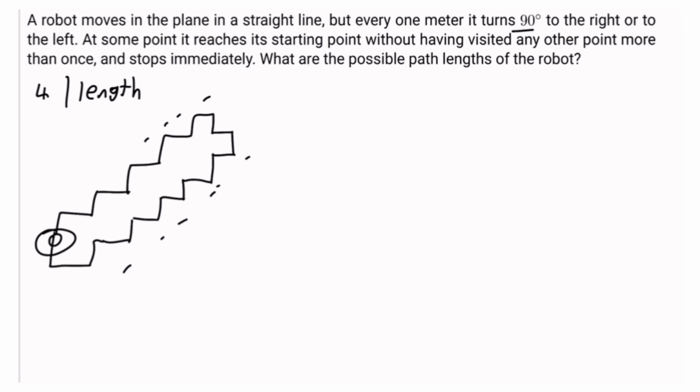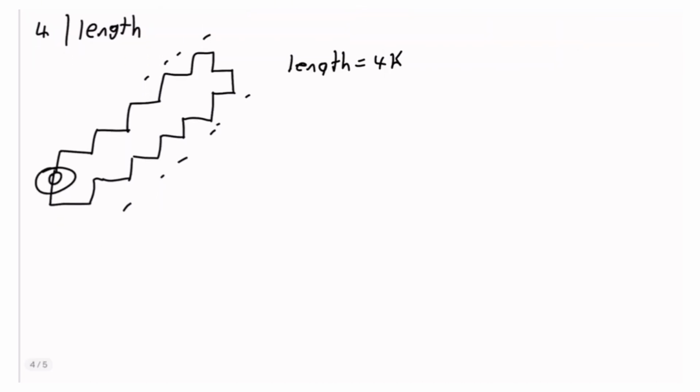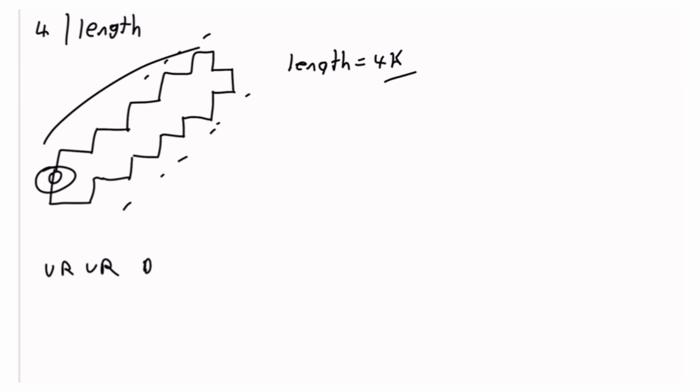The thing is that this algorithm actually works, and it generates a path for all lengths in the form of 4k. In terms of up, down, left and right, we can say that the robot will go up, right, some amount which is dependent on k. Then it will go a down and a right.